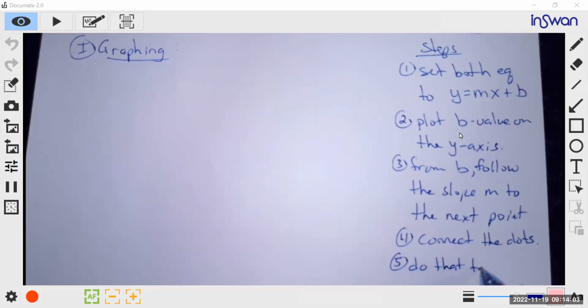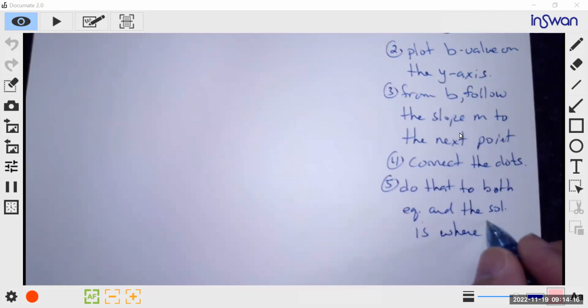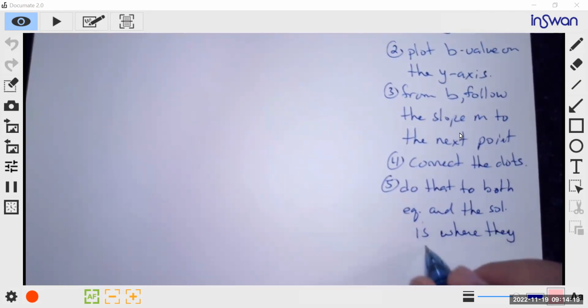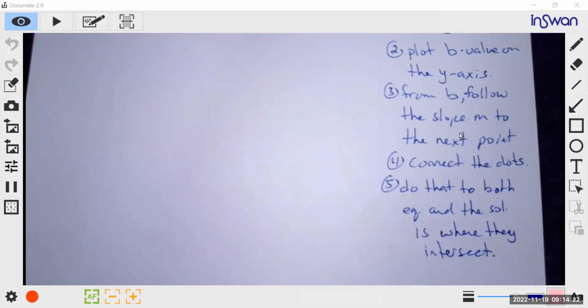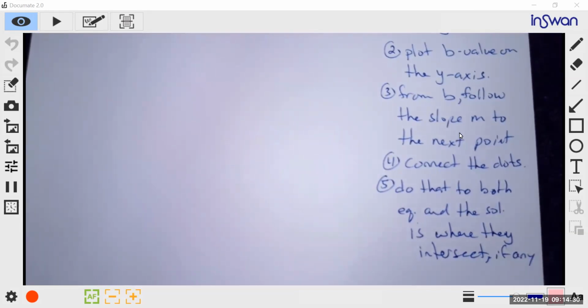Do that to both equations, and the solution is where they intersect, if any. Then draw both lines to see if they cross.